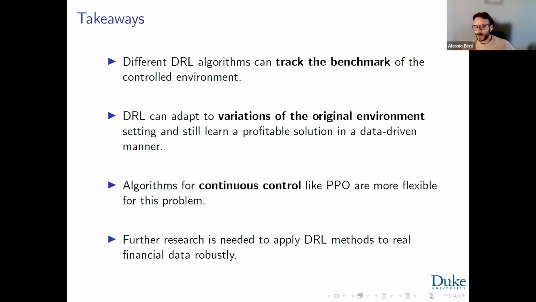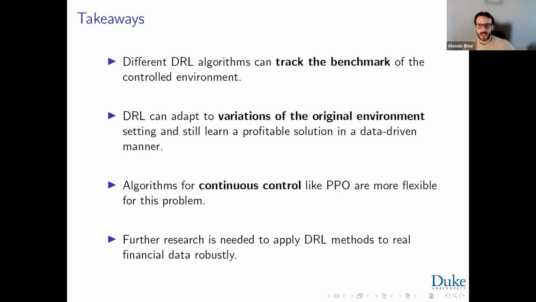When I say that algorithms for continuous control like PPO are more flexible and they work better, it's just related to this problem. Because if you want to solve a trading problem where your action is the actual trading size, which is going to be a continuous value, it's important that you use a reinforcement learning algorithm that can solve a continuous control problem.